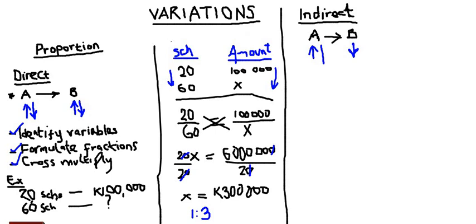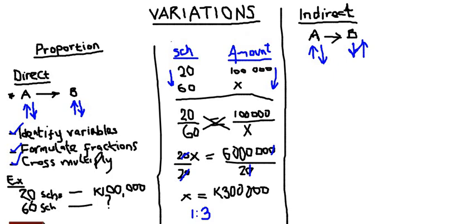And when there is a reduction in variable a, there will be an increase in variable b. So what is happening under indirect proportion is the opposite. One variable will be moving in the opposite direction of the other.